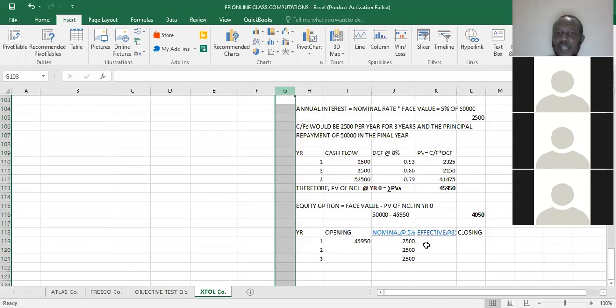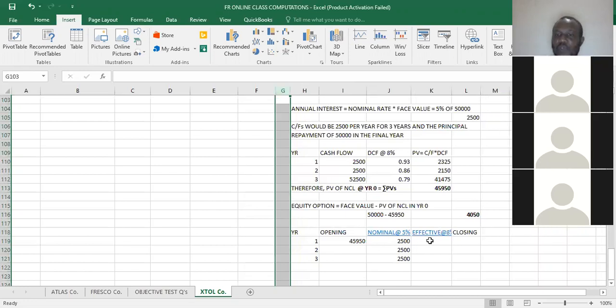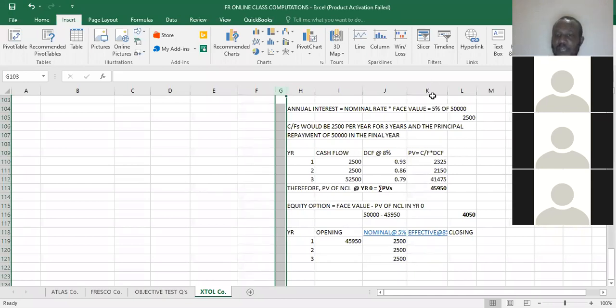The nominal is on the face value. The effective is on the opening balance. So the effective will change, it will be the figure on the opening balance. The nominal will just be constant on your face value. It is the effective that will be changing over time.